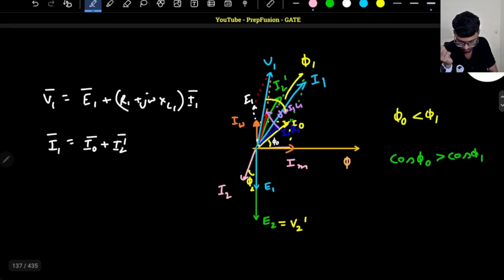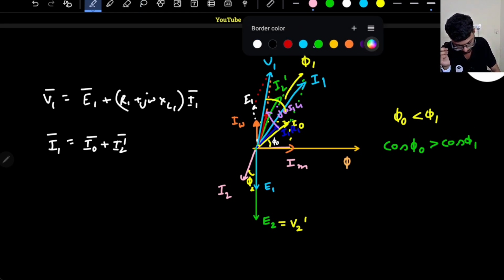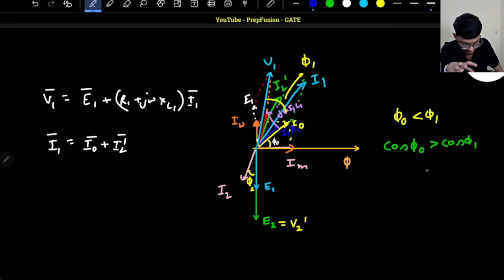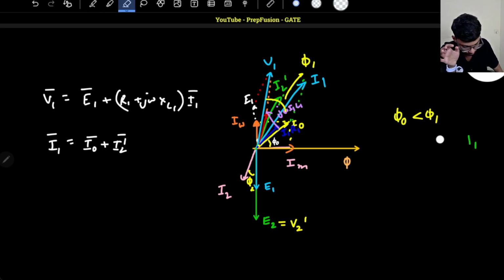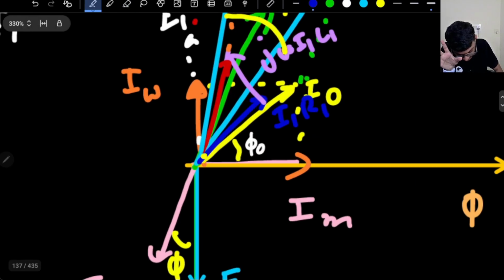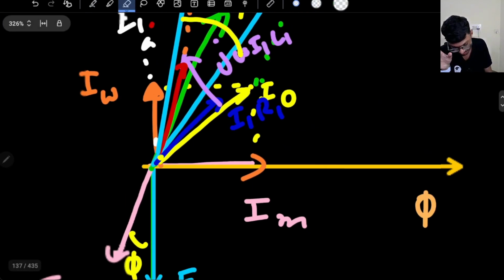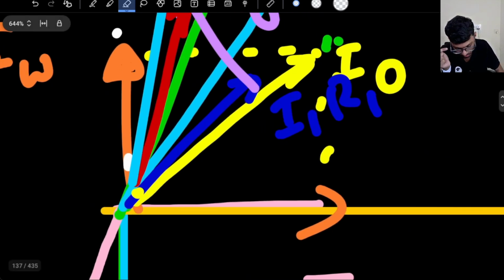That's it basically. Am I correct? Sorry, I'm measuring this angle wrong, I'm really sorry. Phi 0 is the angle between the supply voltage V1 and the no load component of current.